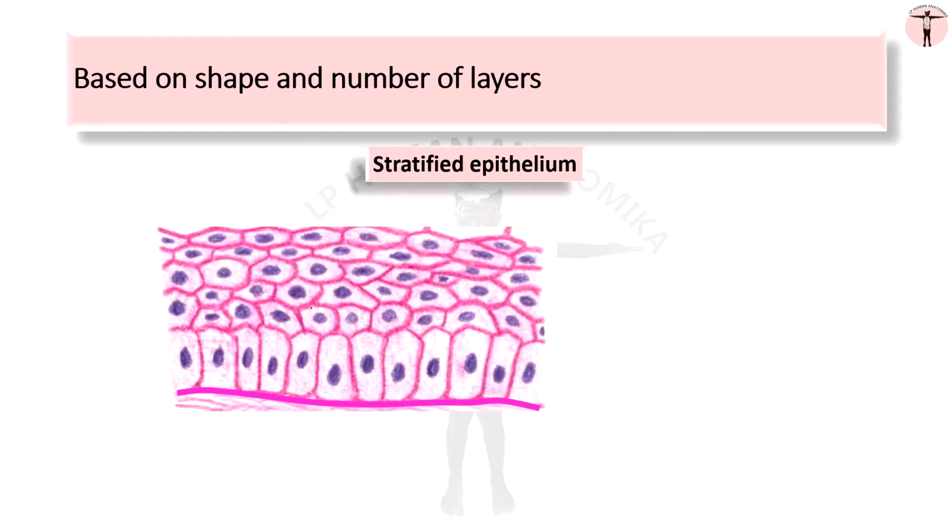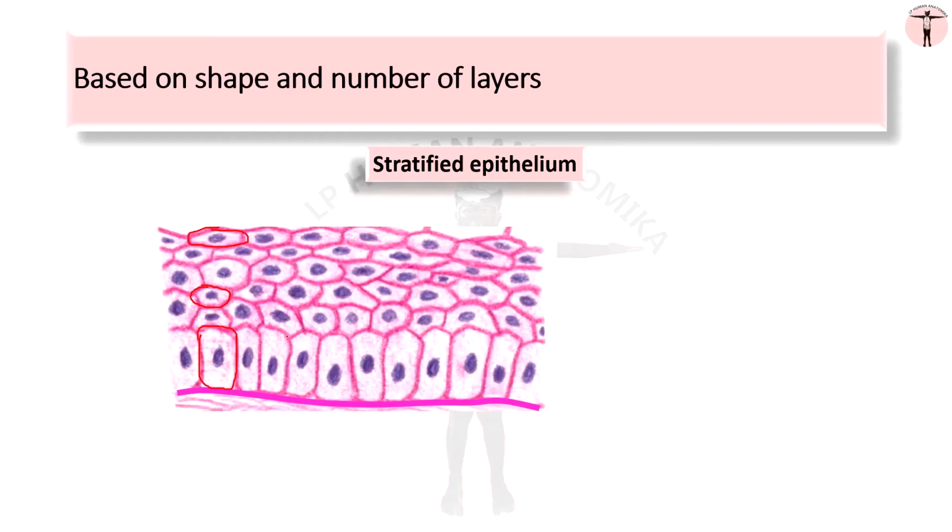It contains two or more layers of cells. In a stratified epithelium, the shape and height of the cells usually vary from layer to layer. So when we observe from one layer to another, you can see the shape and also the size varying from one layer to the other.